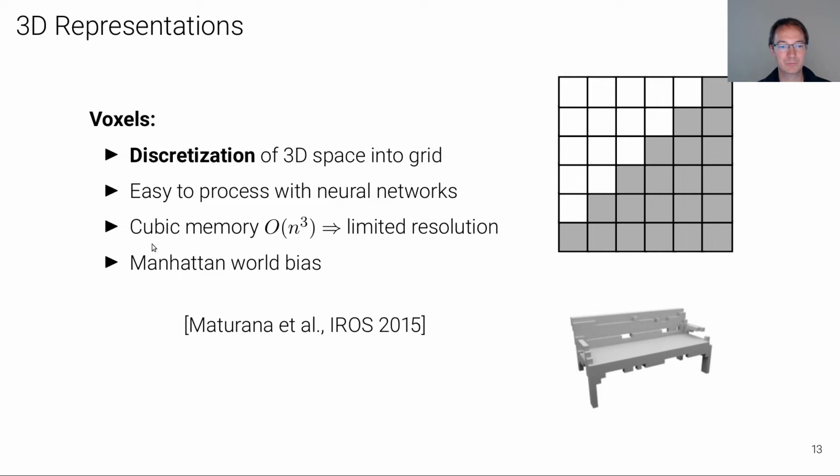However, they have a cubic memory requirement, so the memory grows cubically in these three dimensions and thus can only process outputs at limited spatial resolution. Furthermore, they incorporate Manhattan world biases, as one has to determine how the coordinate system that defines the voxels is chosen.